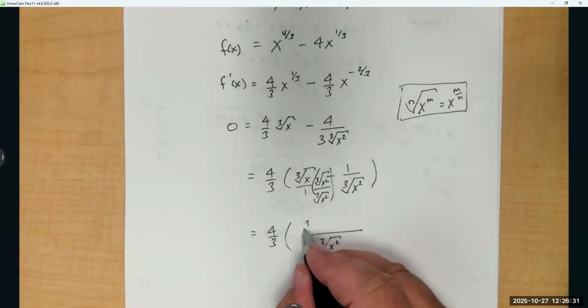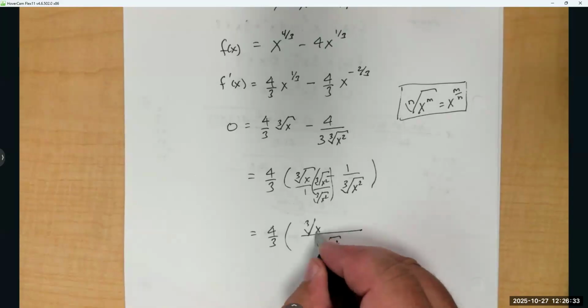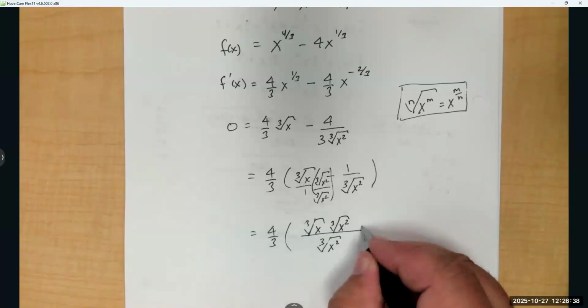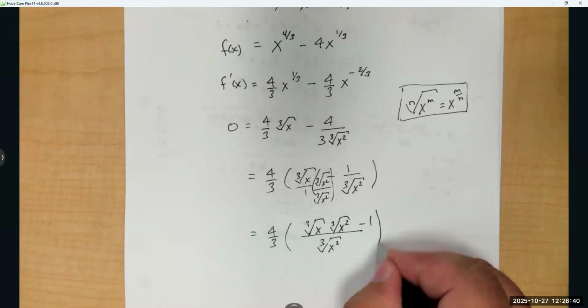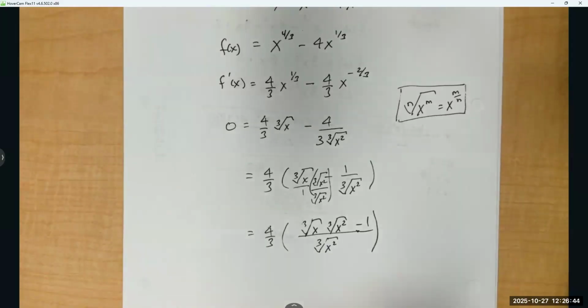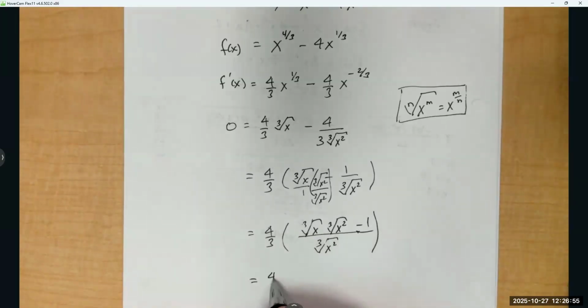So we have cube root of x times cube root of x squared minus 1. You can combine these two.